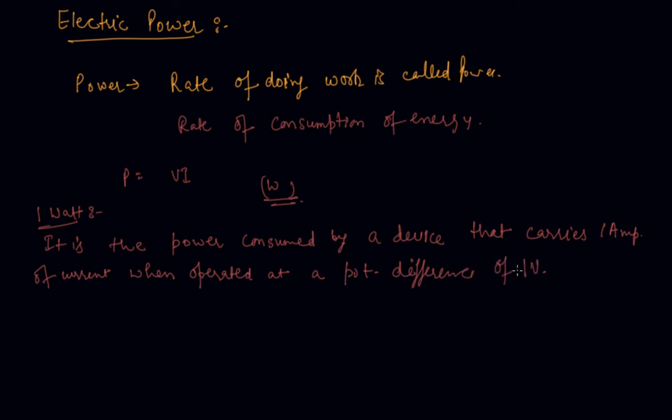Students, this is the definition of 1 watt. So 1 watt is equal to 1 volt into 1 ampere, or you can say volt ampere.